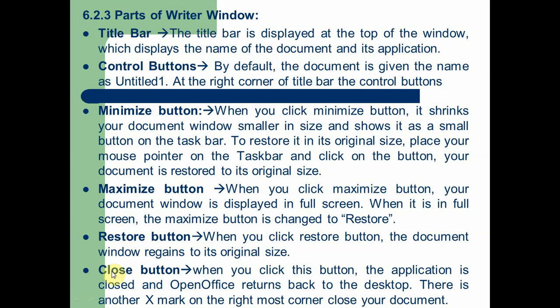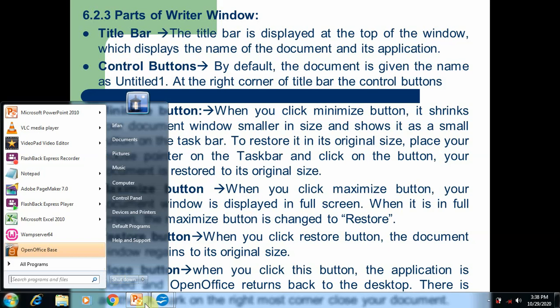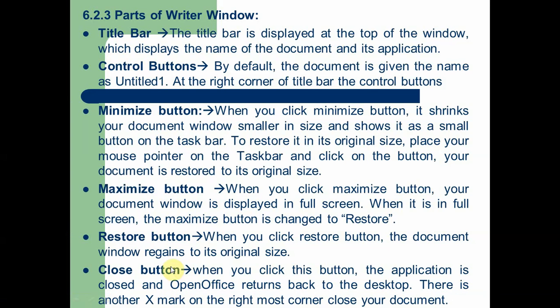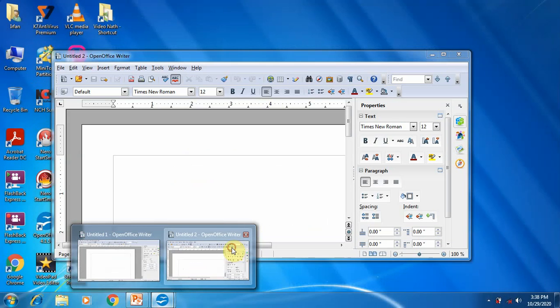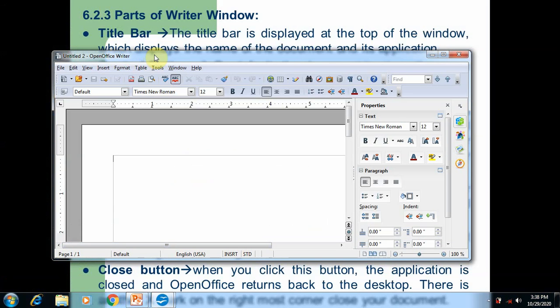So here you can see the same window with the same buttons and controls. Here you can see a title bar which shows the file name as well as the software name. It contains control buttons: close, maximize or restore, and minimize.